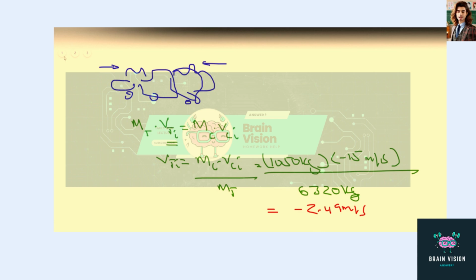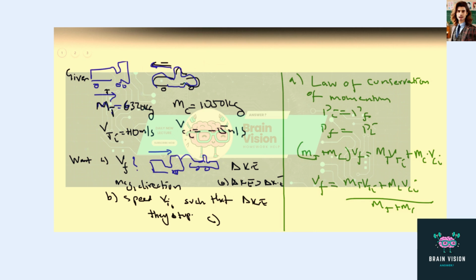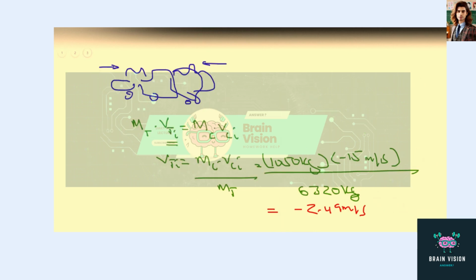So if you go back, we were saying, what's the speed such that they're going to stop? That's what you're looking for. Speed has a magnitude, no direction. So it's just going to be 2.49 meters per second.